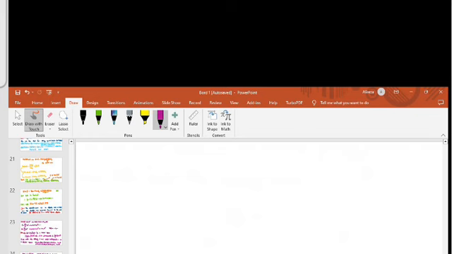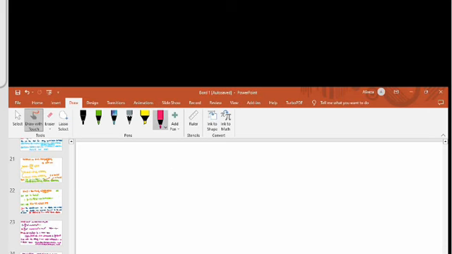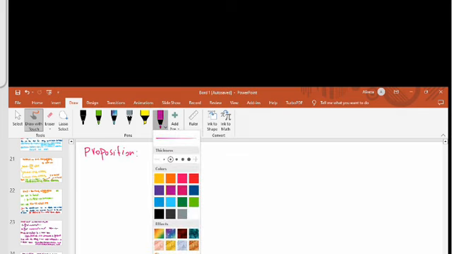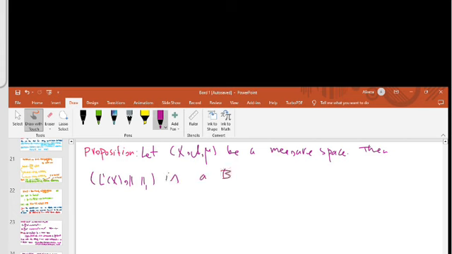Also we know that, Proposition: let (X, A, mu) be a measure space, then L1 with the L1 norm is a Banach space, okay, this norm is complete.